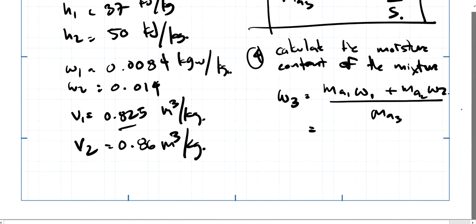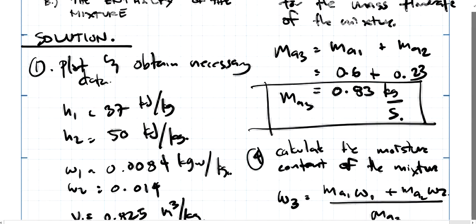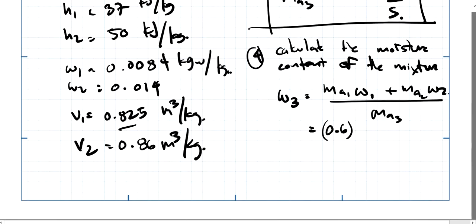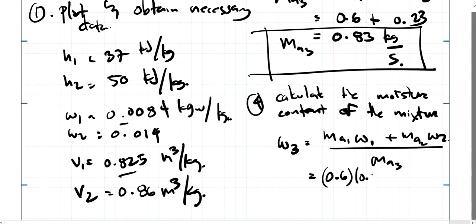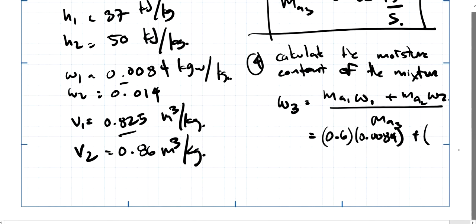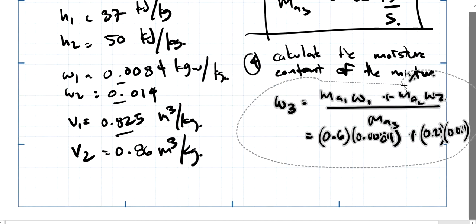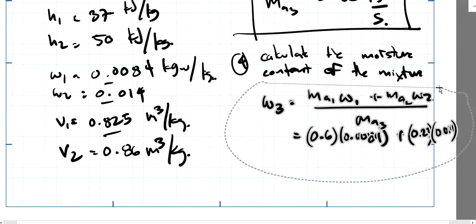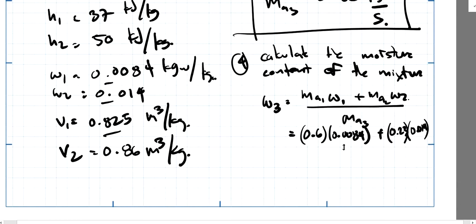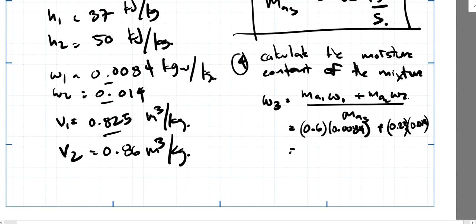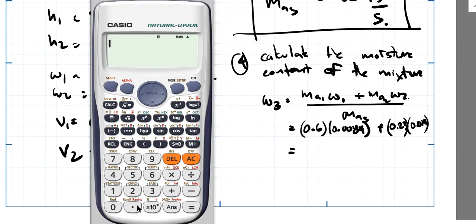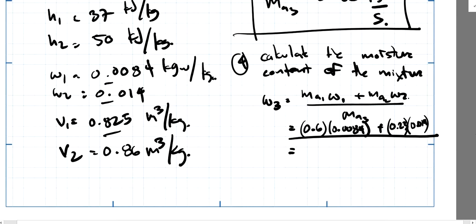If you substitute all this, it is 0.6 times 0.0084 plus 0.23 times 0.014, divided by 0.83.